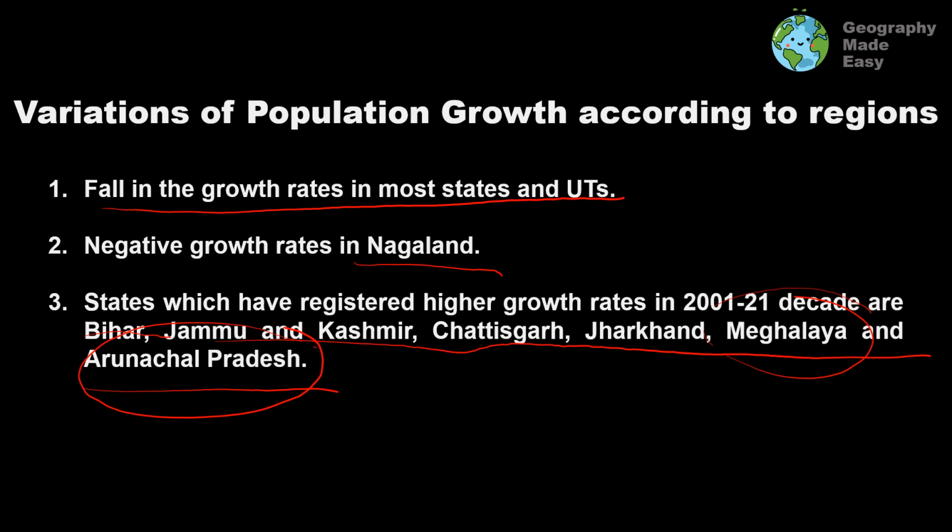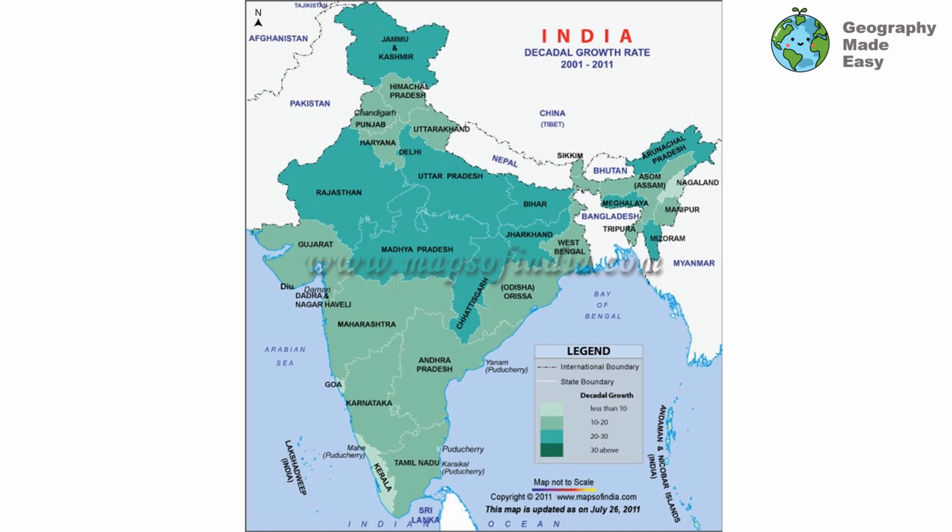Bihar already has a very high population growth rate, and Bihar and Jharkhand still experience high growth rates in this last decade. Let us look at the map where we can understand the decadal growth rate between 2001 to 2011. States which have less than 10% growth rate are Nagaland and Kerala.